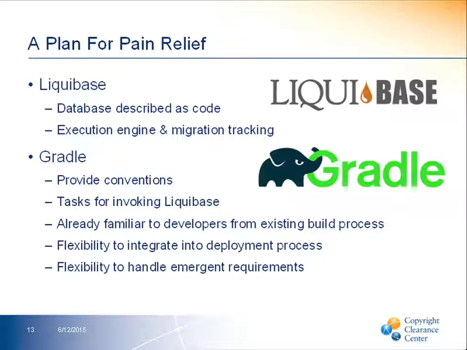Then we wanted to use Gradle. We were already using it for other parts of our process, and we want to use Gradle for the usual reasons. We can create custom tasks that help with our development workflow and provide conventions for common operations, but maintain the flexibility to deal with things as they emerge. That's one of the fundamental powers of Gradle.